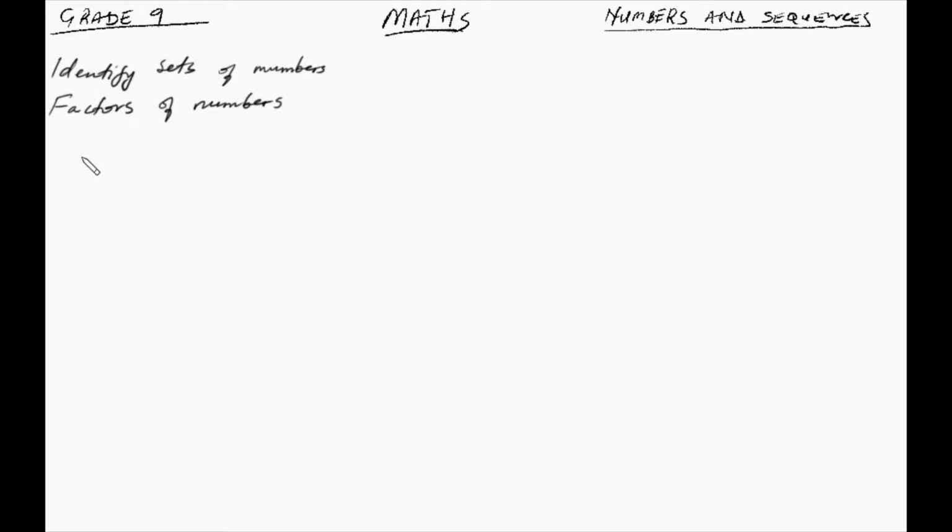We know that we have natural numbers, which are 1, 2, 3, 4, 5, 6, 7, 8, 9, 10, and so on. We also have odd numbers and even numbers.